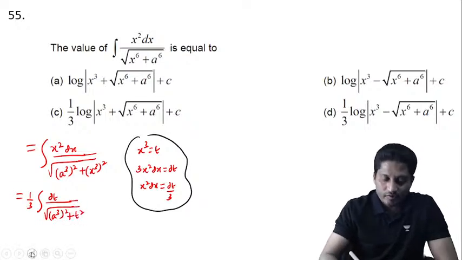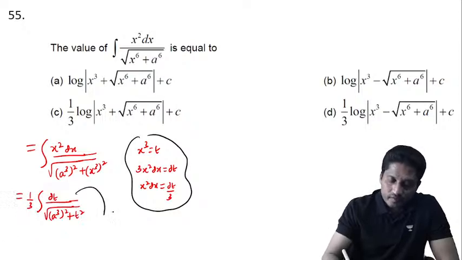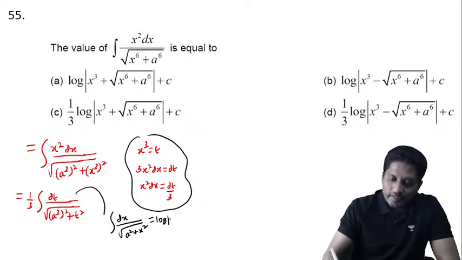Okay, now this is of the form dx divided by root of a square plus x square. Formula will be equal to log of x plus root of a square plus x square, and plus c.